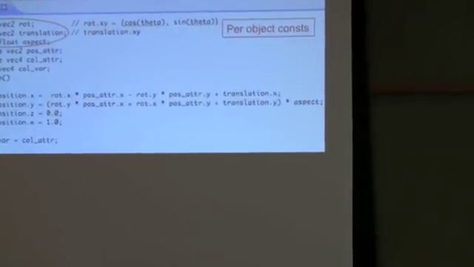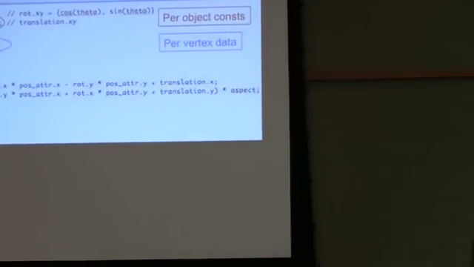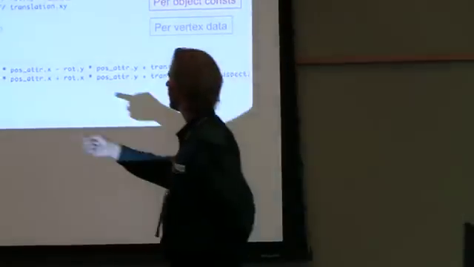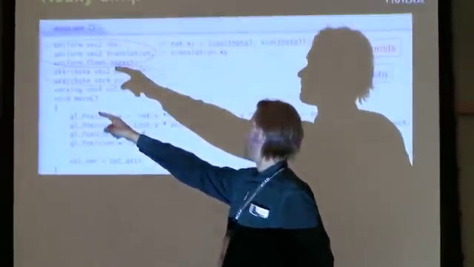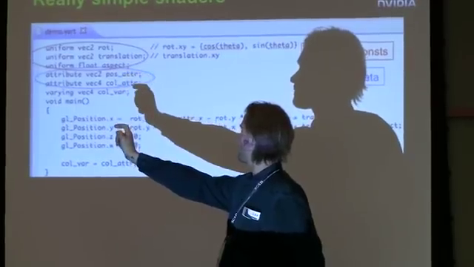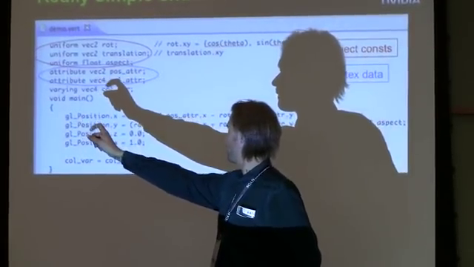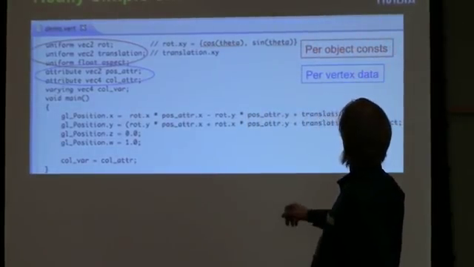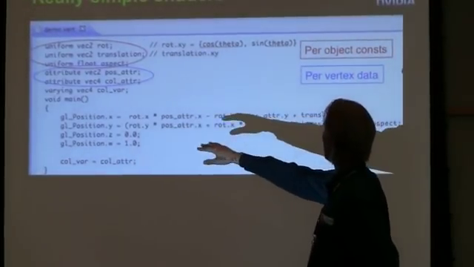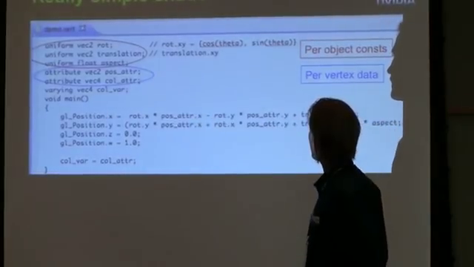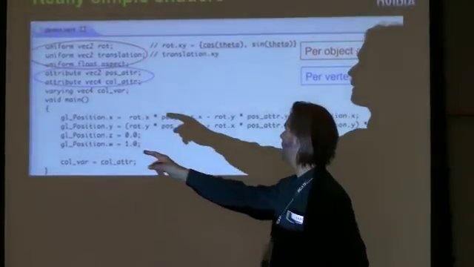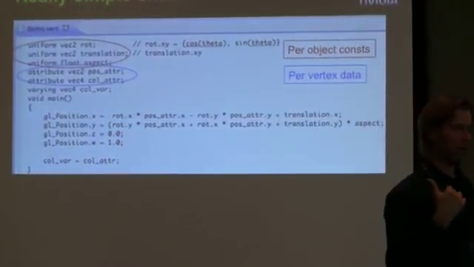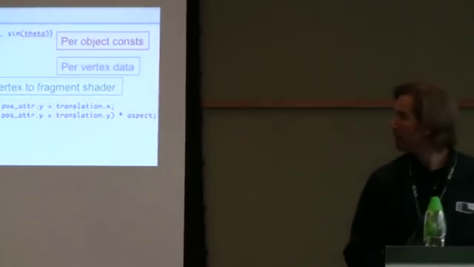The next thing that we have is per vertex data. It's those attributes that we covered before. So we have a position attribute, a 2D coordinate in this case, and a color attribute, a 4D coordinate. If we look at positions, they are used here. We apply the rotation matrix in place, and we assign the output into this geo position, which is a predefined varying.